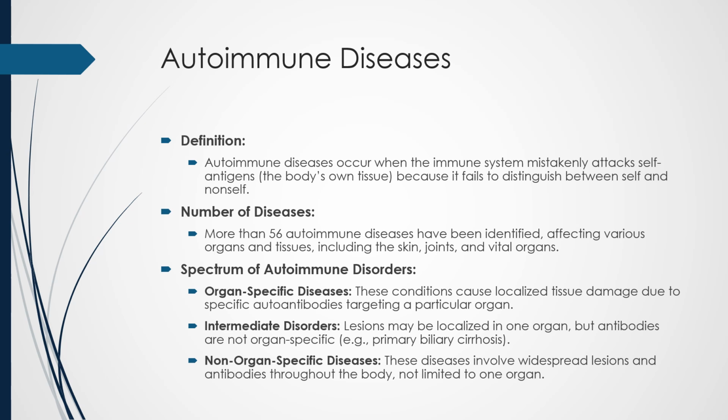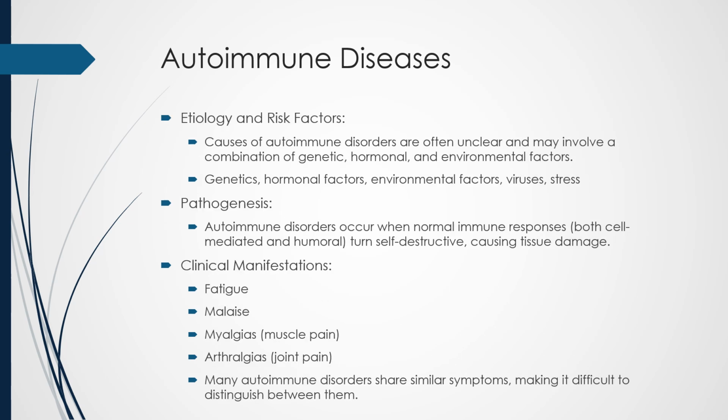Non-organ specific diseases involve widespread lesions and antibodies throughout the body, not limited to one organ. Many autoimmune diseases, particularly organ-specific and systemic types, are seen in rehabilitation settings and can impact mobility, daily activities, and overall function.